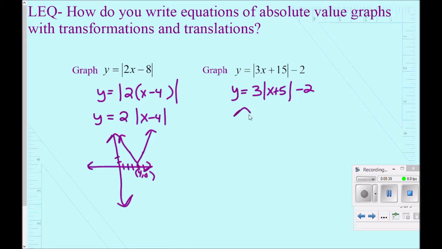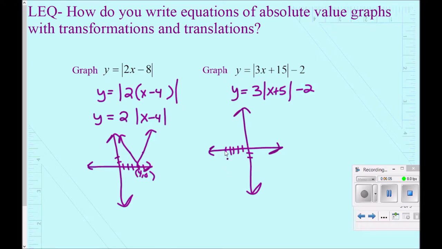So make myself a coordinate plane. I know that plus 5 means left 5 and minus 2 means down 2. So negative 5 and negative 2 right there. And this is going to be vertically stretched with a positive orientation, so I'm rising 3 and running 1 in both directions.